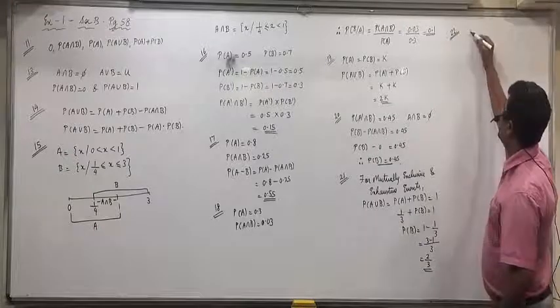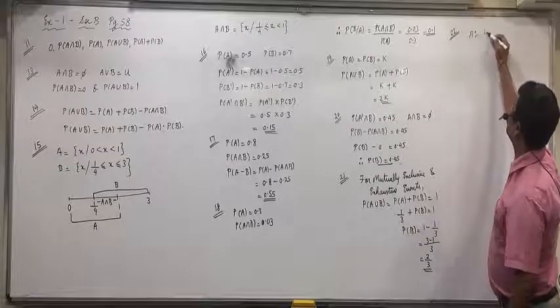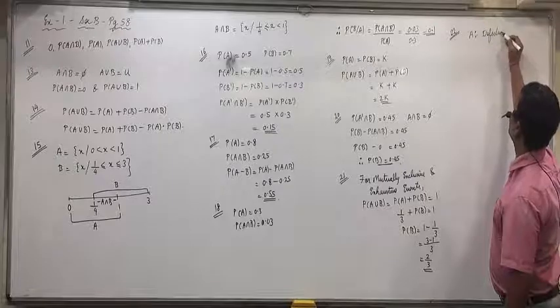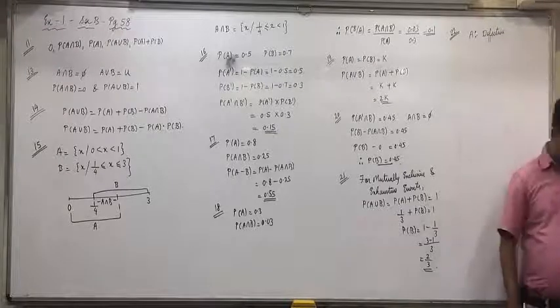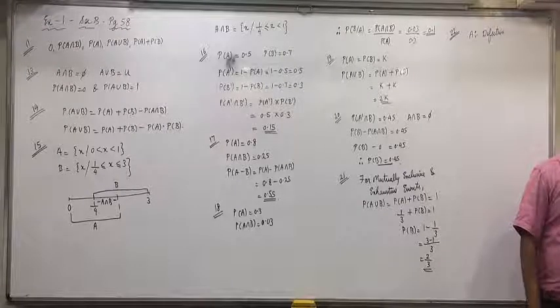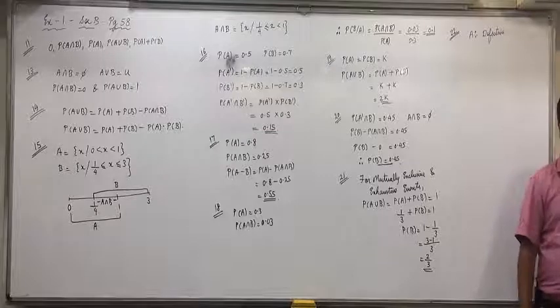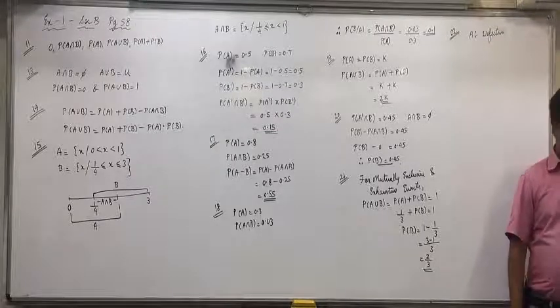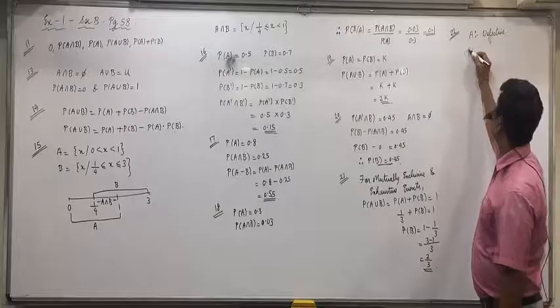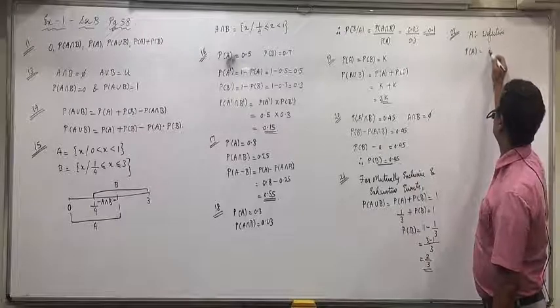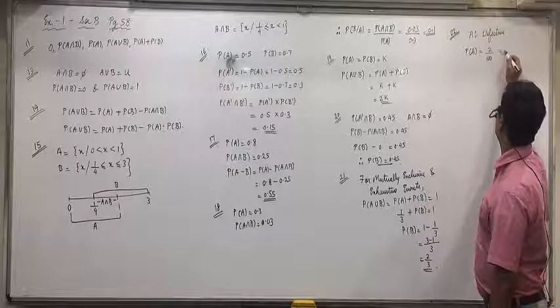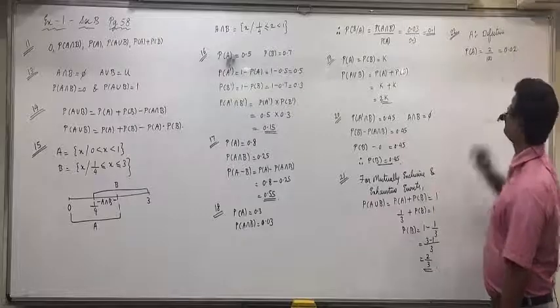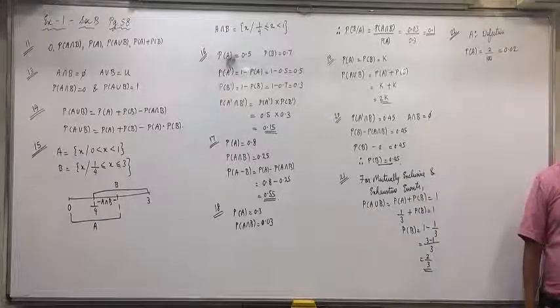So, let event A be the event that the item is defective. Now, P(A) is given as 2% means 2 by 100, 0.02. Okay.